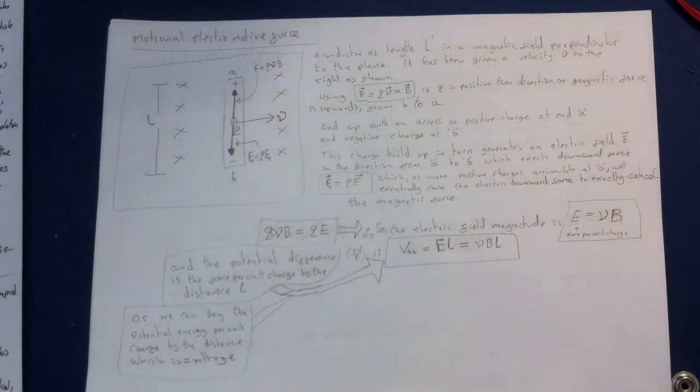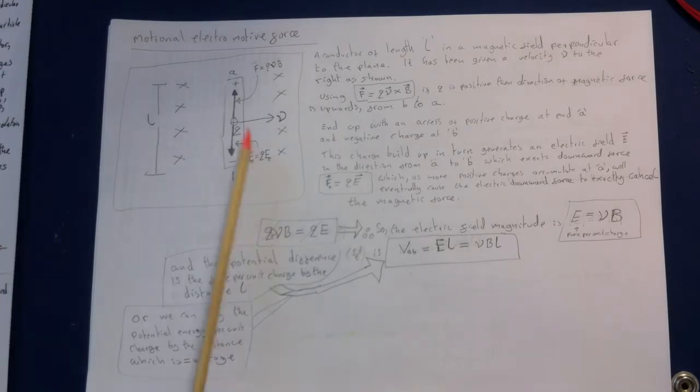Once these are equal, the charges are in equilibrium with point A at a higher potential than point B. So we can set these two equal, which I've done here.